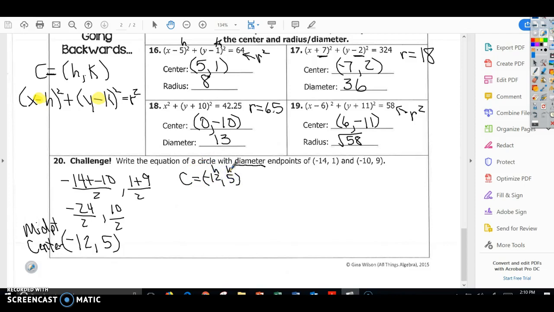And what else do we need? We need the radius. How do we find the radius? We can find the radius by doing the distance formula using a point on the circle and the center. The radius goes from the center to any point on the circle. So the distance formula again.